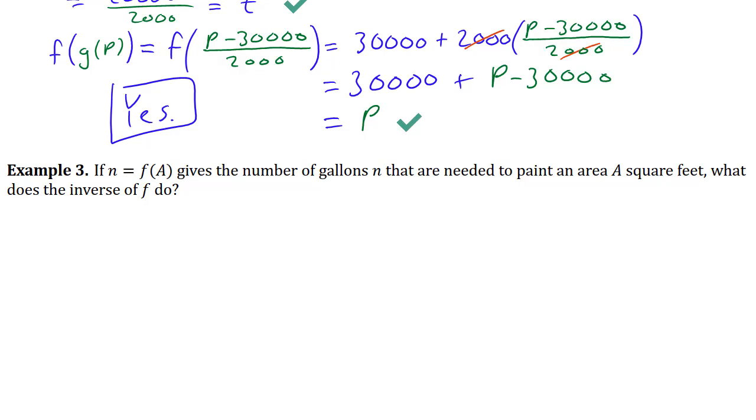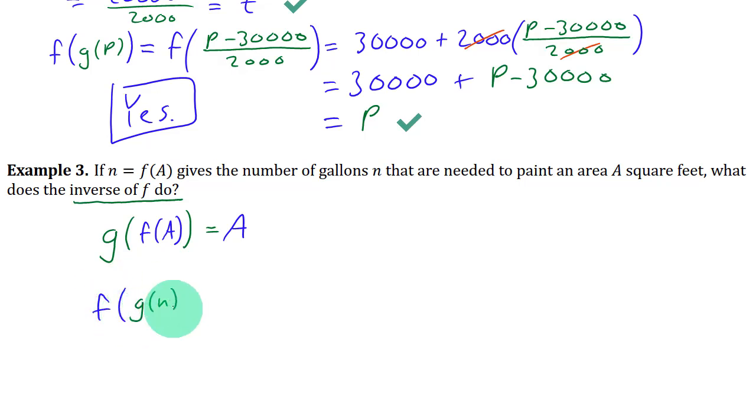What we want to do is get some function g, say the inverse of f is g. That should be a function so that when you do g of f of a, the result should just be that area. And likewise, when you do f of g of n, that result should just be n.